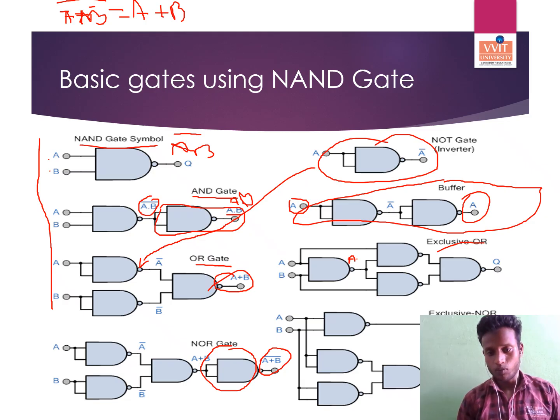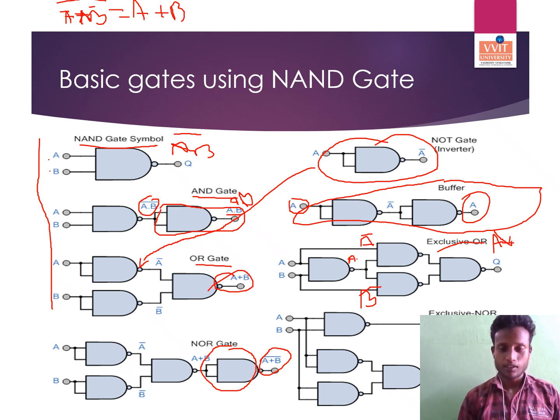The A into B whole bar is given to the two NAND gates, along with A bar here and B bar here. The output is how much? The exclusive gate: A bar B plus B bar A.